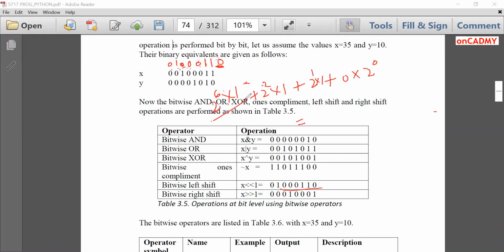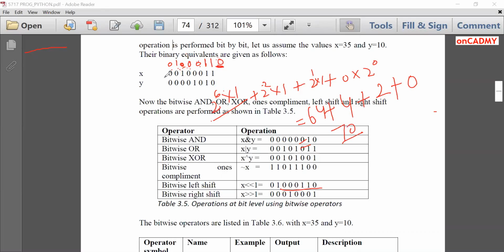Here the output will be: 2 raised to power 6 is 64, plus 2 raised to power 2 is 4, plus 2 raised to power 1 is 2, and 0 multiplied by 2 is 0. So the output is 64 plus 4, 68, plus 2, 70.